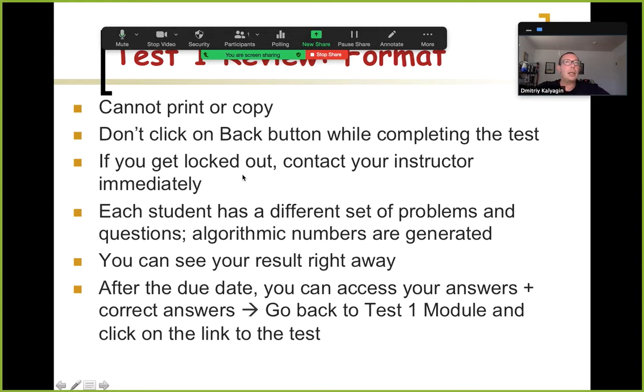If you get locked out because of an internet connection interruption or a power outage, you're kicked out of the test. I cannot let you back in the test, unfortunately, because the system thinks you have exhausted your 1 attempt. So you need to contact me as soon as possible.